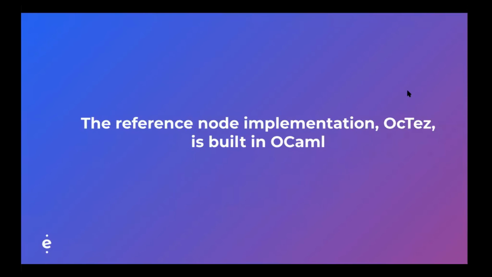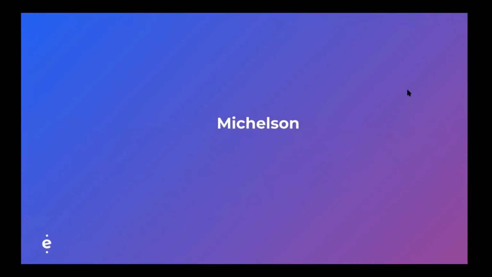The reference node, by the way, is built in a particular implementation, for those of you that understand what this means, on OCaml called Octez. OCaml is just a functional programming language, very low level, that's used in mission critical industries that require formal proof, so the hard stuff basically.